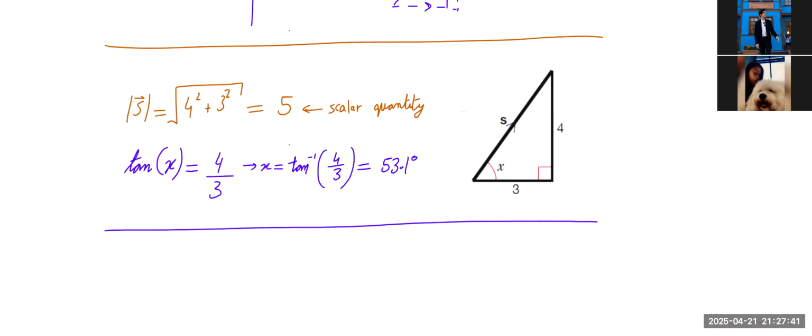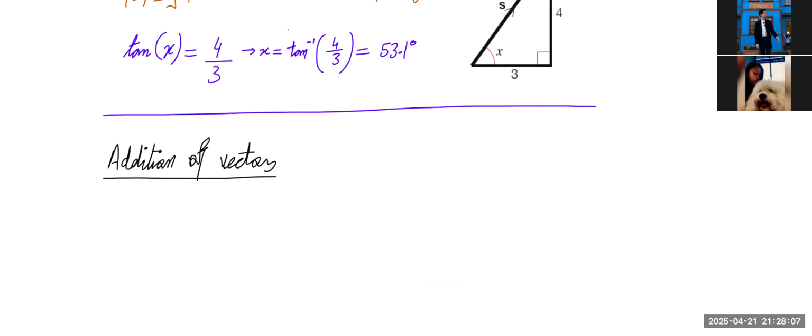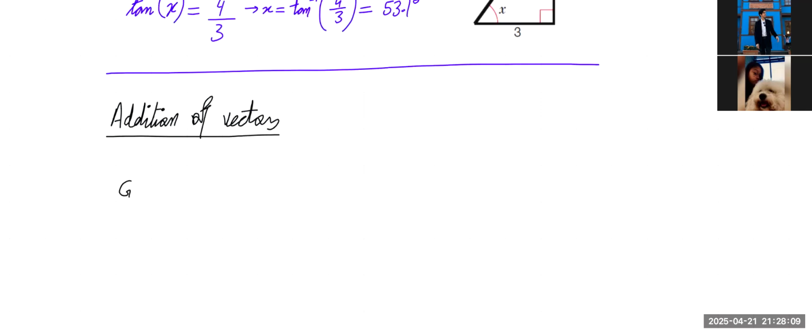Now let's talk about addition of vectors. How do you add vectors together? There are two ways to think about it. The first way is graphically, because we've already talked about two ways to look at vectors in general, right?